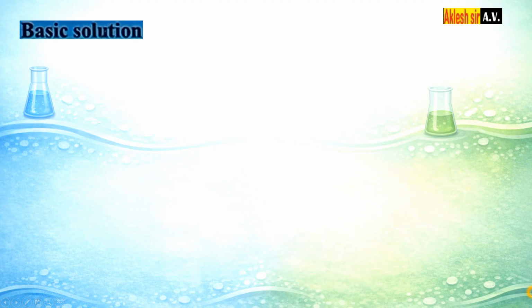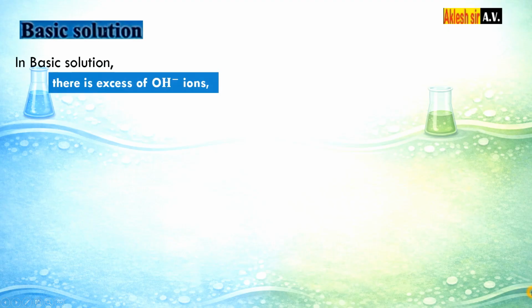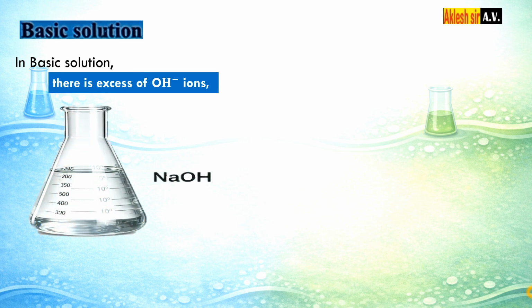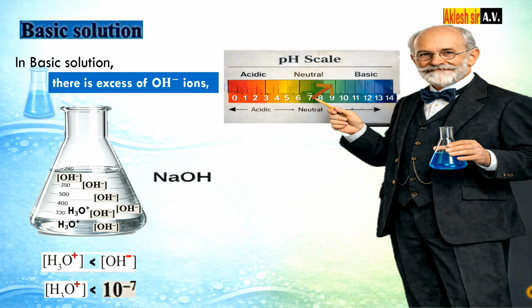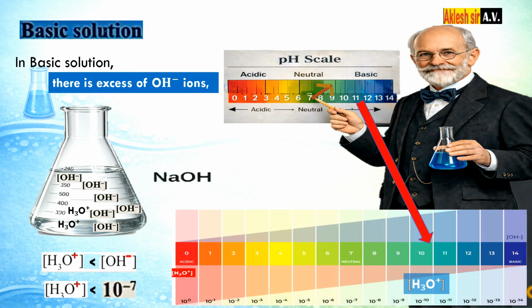Okay, next basic solution. In basic solution there is an excess of OH- ion concentration. Example NaOH. In NaOH, OH- concentration is greater as compared to hydronium ion concentration. So now H3O+ is lesser than OH- ion concentration. So it is less than what? H3O+ is less than 10 raised to minus 7. So see this is the pH scale, and here the hydronium ion concentration is in the range less than 10 raised to minus 7, which means 10 raised to minus 8, 10 raised to minus 9 to 10 raised to minus 14.